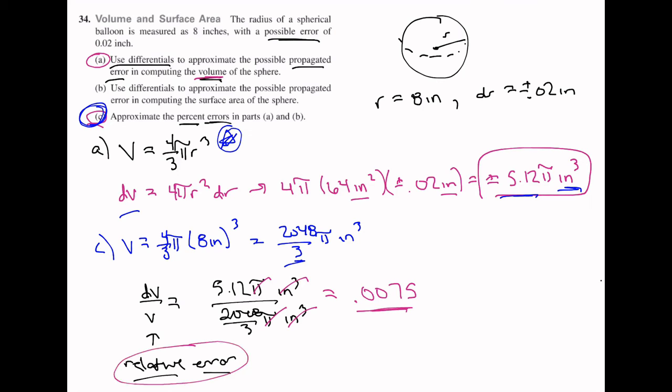That is called your relative error. So how do we turn that into a percent error? Just multiply by 100. So that is a 0.75% error. Okay, so 16 cubic inches might sound like kind of a lot, but it's less than a 1% error. That being off by this much in measuring your radius causes you to be off by this much in your volume.